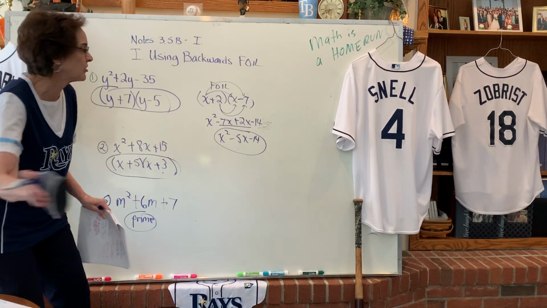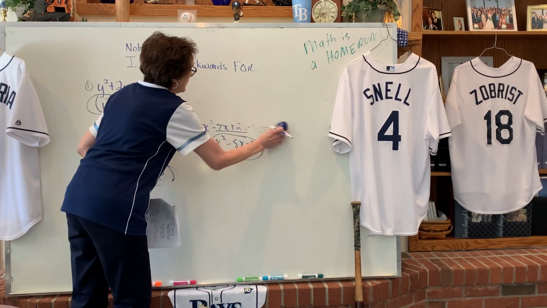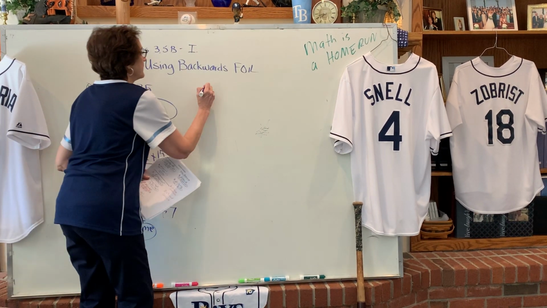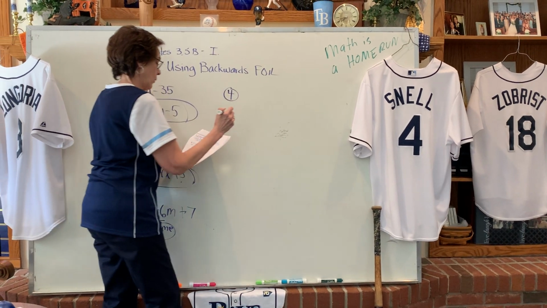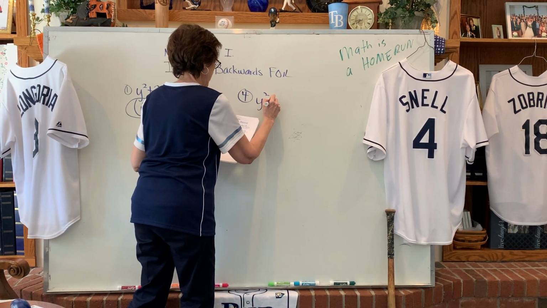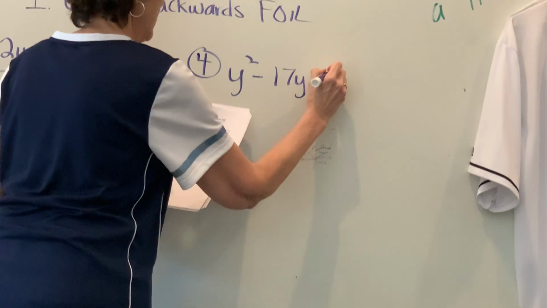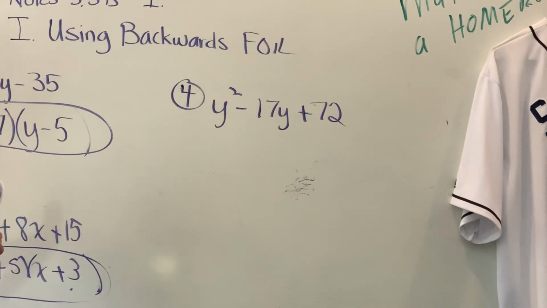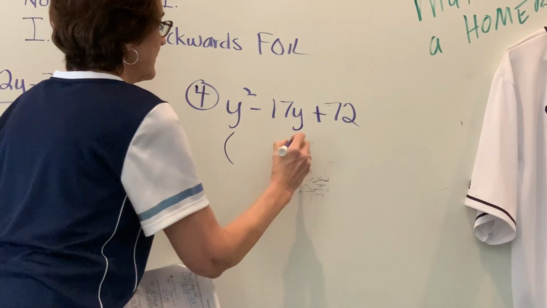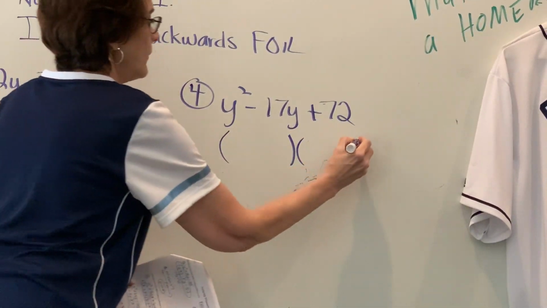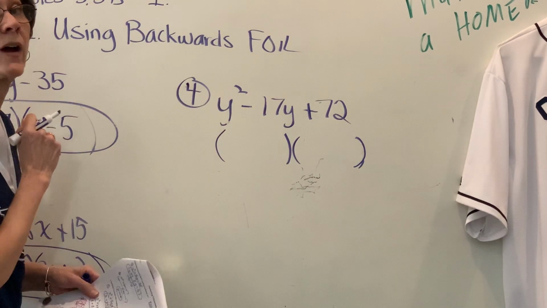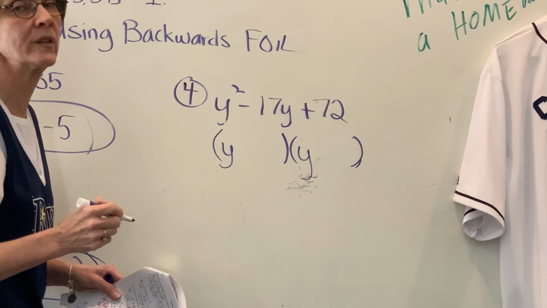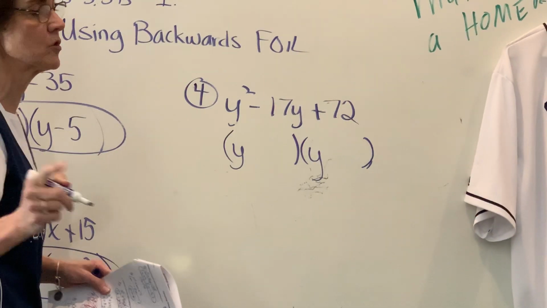I tell you what, I think I'll just erase this. So let's go to number 4. Y squared minus 17y plus 72. All right, so we're going to factor it. All right, what first term times what first term is y squared? Y times y. We're kind of doing the easier ones today. We'll get into a little bit more complicated ones tomorrow.